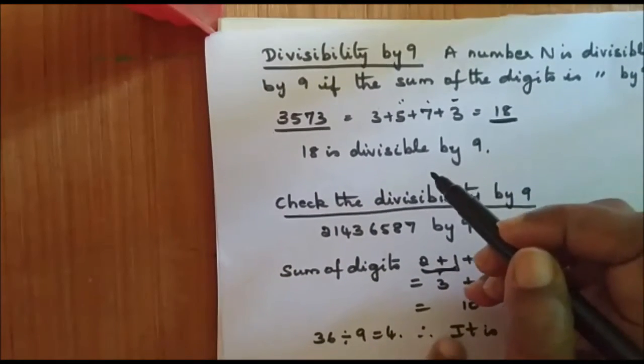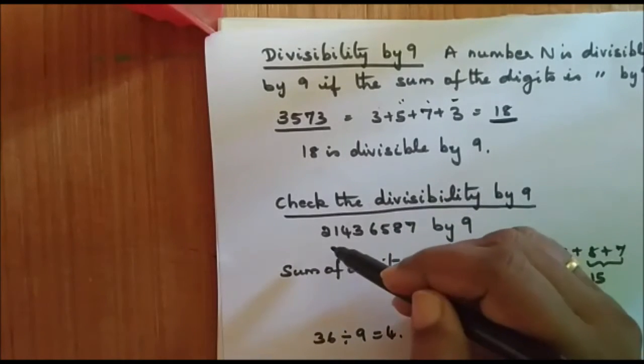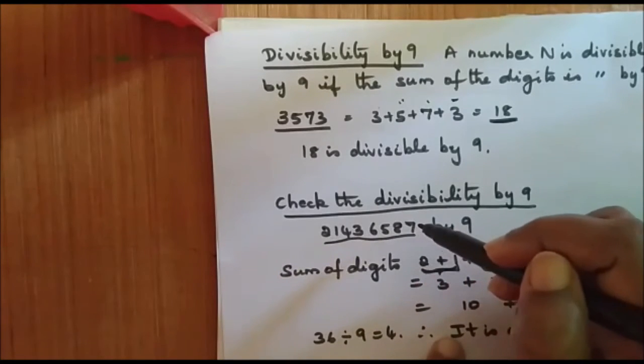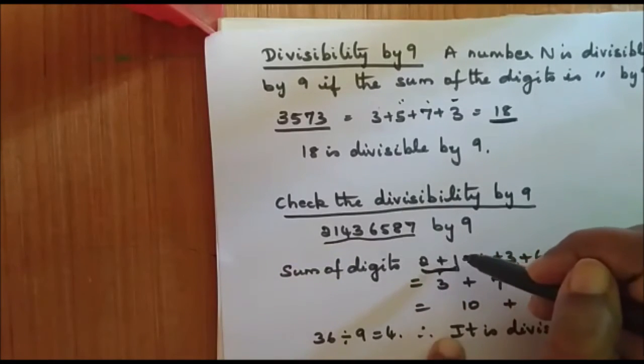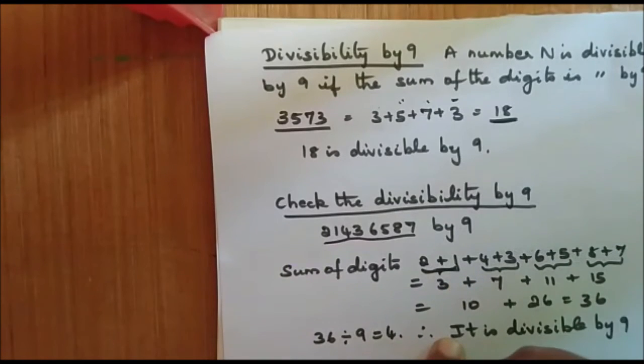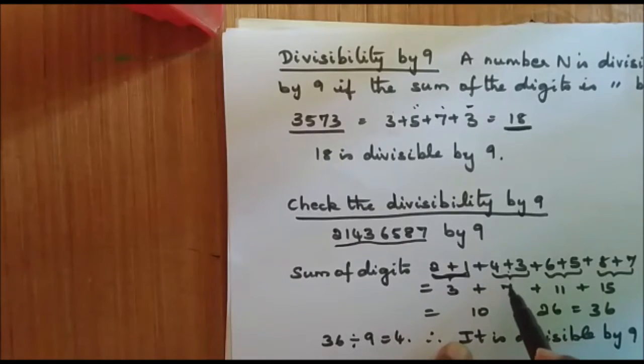Okay, now let us do a sum here. Check the divisibility by 9. I am given a very big number. How do we do it? We'll add the digits. Okay, 2 plus 1 plus 4 plus 3 plus 6 plus 5 plus 8 plus 7. Now what is 2 plus 1? 3. 4 plus 3 is 7. 6 plus 5 is 11. 8 plus 7 is 15.